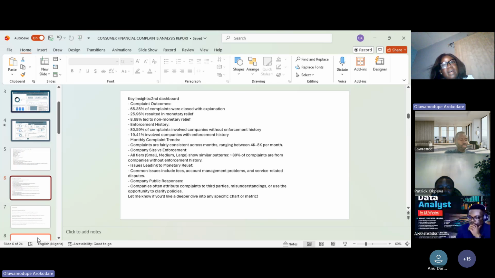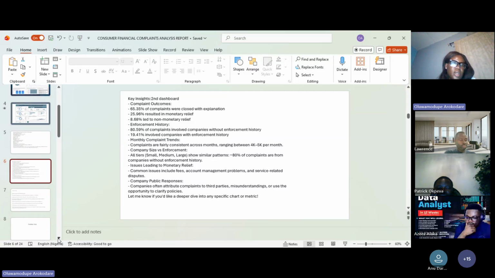The common issues are fees, account management problems, and service-related disputes, which means those that were not closed with monetary relief, the complaints are not really that cogent, so they have to just compensate them with their words and apologize for any inconvenience they might have caused.